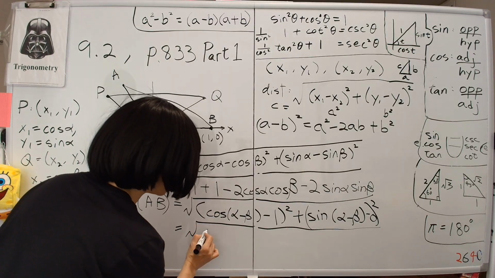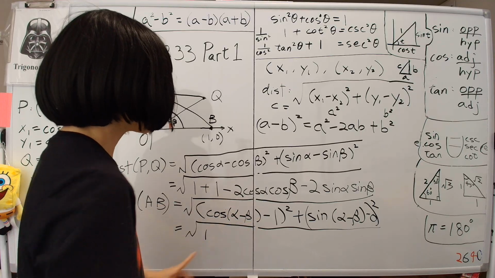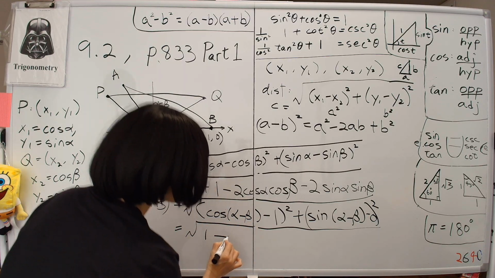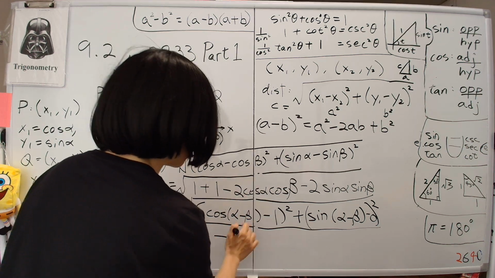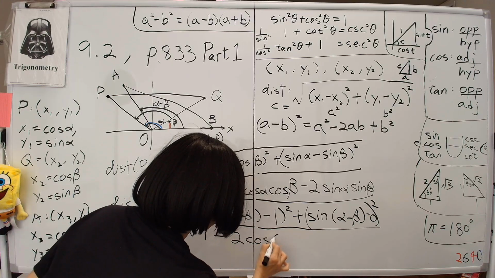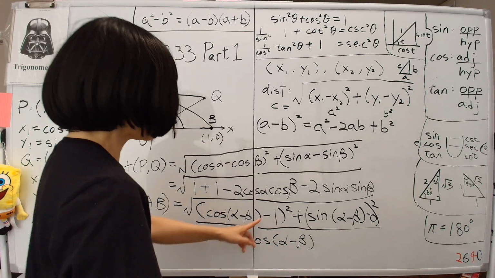So we have 1 here for the first thing, and then minus 2 of these things, right? Okay, 1 minus 2 times cosine of alpha minus beta, and then plus 1.